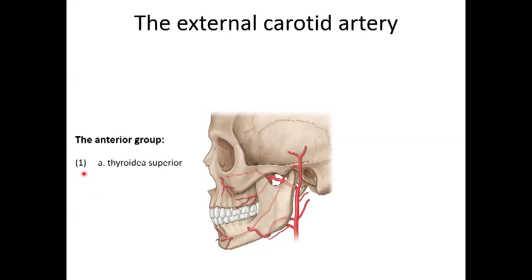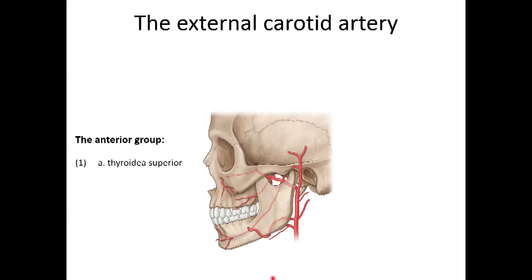Why in parentheses? Because in this picture it isn't demonstrated. Arteria thyroides superior. Why it isn't demonstrated? Because thyroid gland is lower than this picture. It will be located on the neck, and we use in this picture only skeleton of the head.